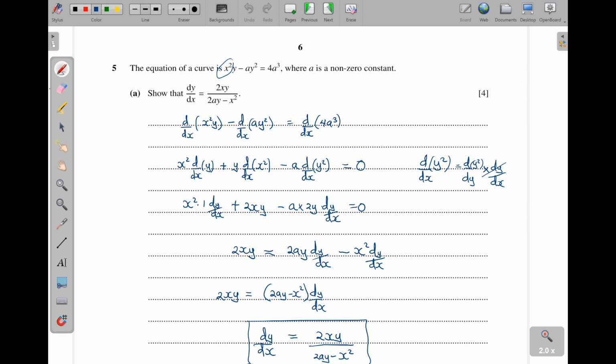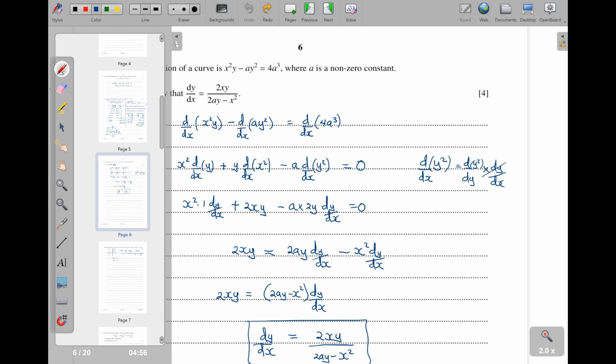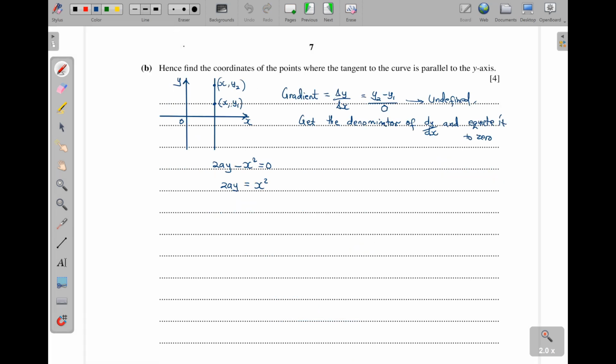So x squared is there. If there is x squared, then I can actually just take it like that. So we have x squared y minus a y squared is equal to 4a cubed.